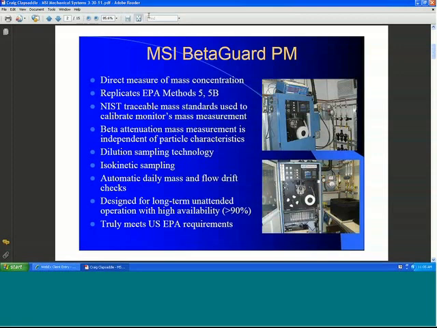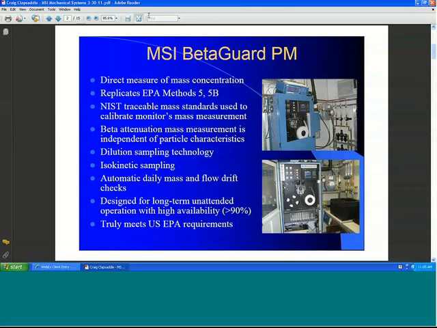Our instrument has 2 beta gauges, a left and a right. Just below that, you see the spool of filter tape. That's where we collect the particulate samples for measurement of mass. And then right below the spools of filter tape is the PLC, which controls all the operation of the instrument.